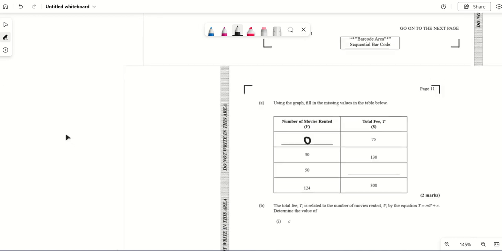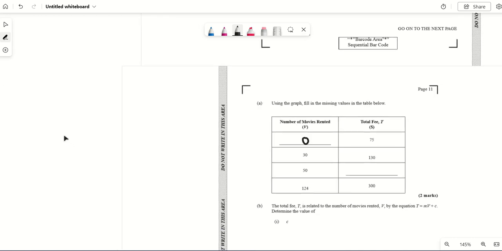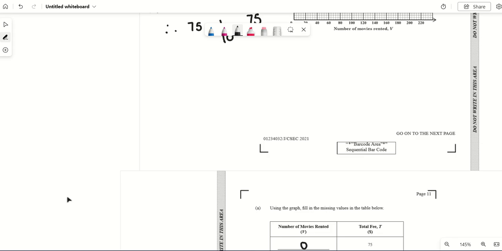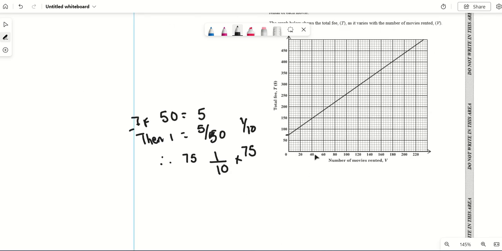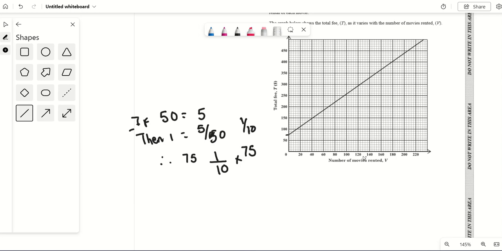Then they're going to ask for 50. The total number of rented movies is 50. So we use 50 here. 50 would be in the middle here. So we're going to look at the shapes. We're going to go up here, and then when we go across, let me just go down.